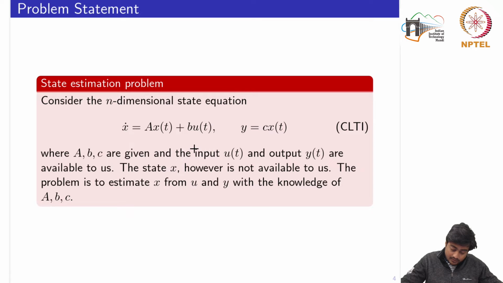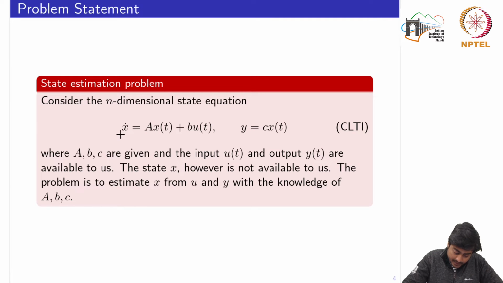The information which is available to us is, we know all the matrices and vectors A, B, C. Since U and Y are the external signals, we also have their knowledge. So the problem we need to solve is to estimate X from U and Y with the knowledge of A, B, C and U, Y. There is a standard procedure for doing this.